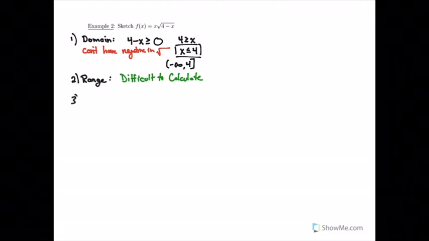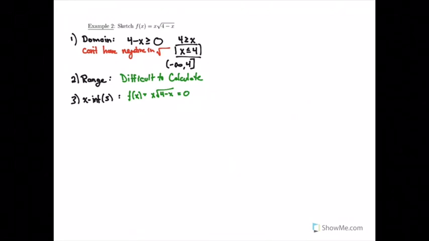Let's move on. We'll think about X-intercepts now. It's going to be setting the function equal to 0 and seeing what we get out. So here we go. We have f of x equals x square root of 4 minus x equal to 0, and I want to solve for x.